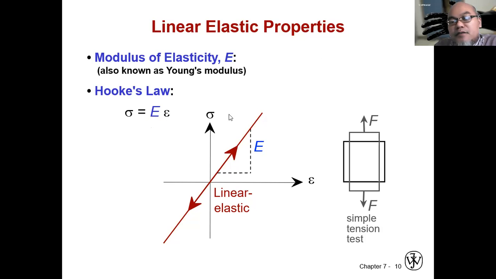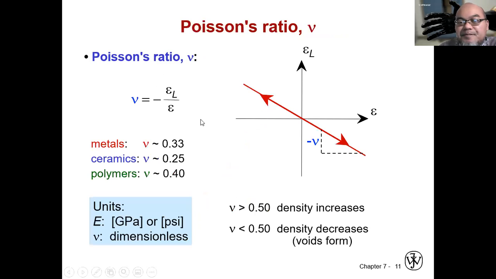Then the connection between sigma and epsilon is related through the Young's modulus, or modulus of elasticity, E, especially when the deformation still occurs in the linear elastic region. When it is already in the plastic region, we cannot use this Young's modulus or this Hooke's law equation anymore.